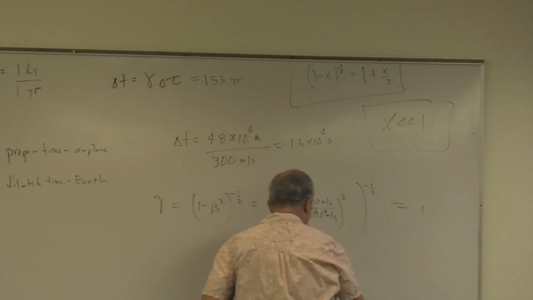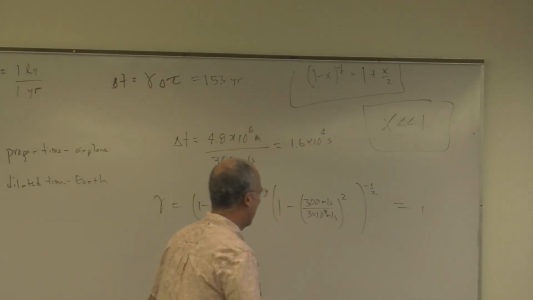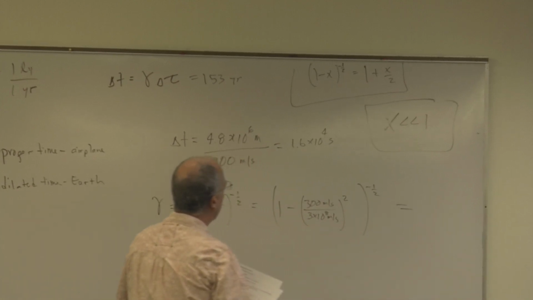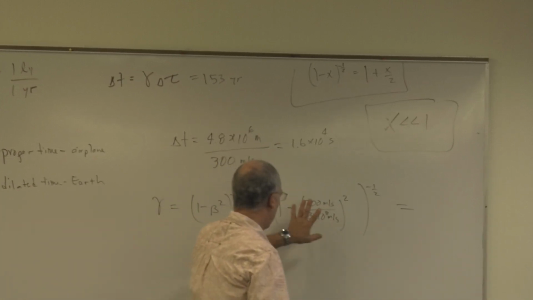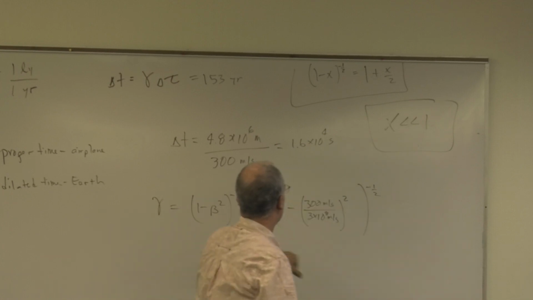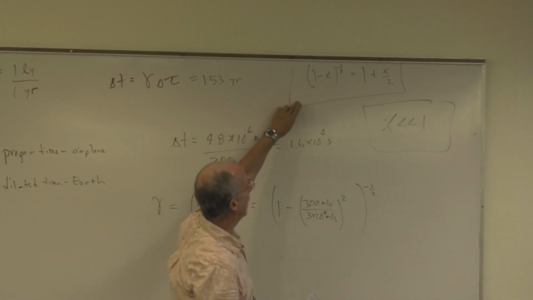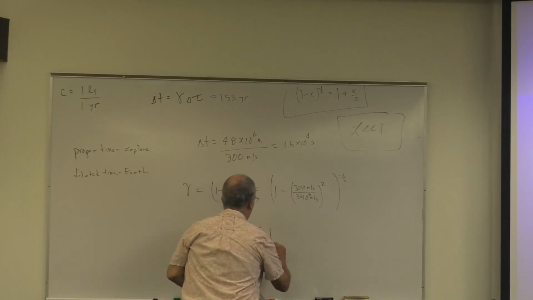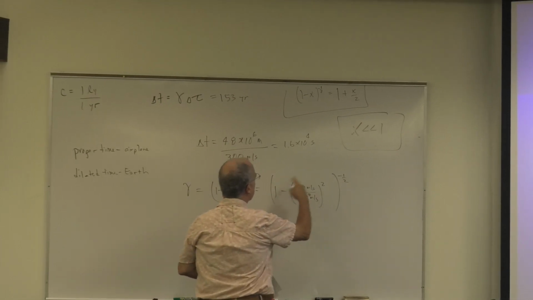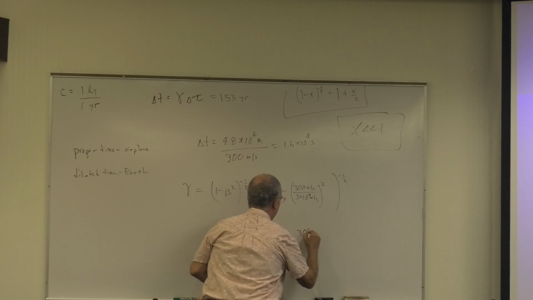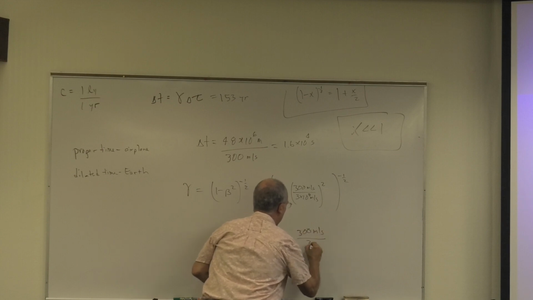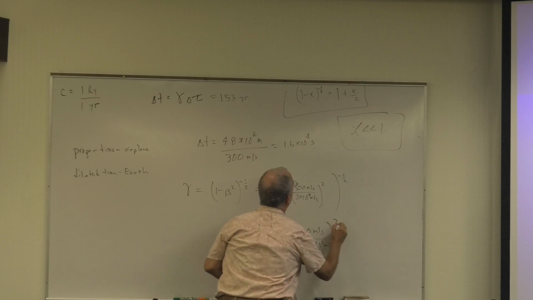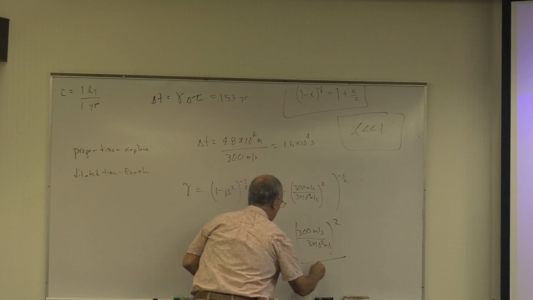That will help us because our calculator doesn't. Again, what we want is this, and according to this approximation, it is approximately equal to 1 plus 300 meters per second over 3 times 10 to the 8th meters per second, squared, divided by 2.